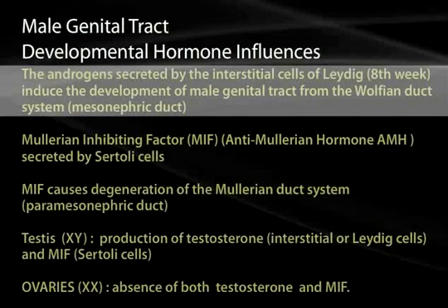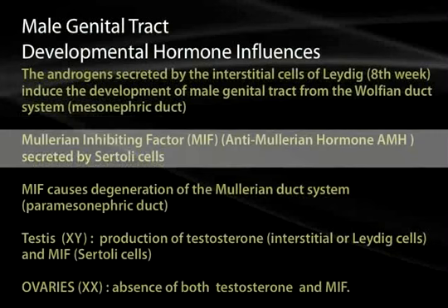In the male genital tract, there's going to be some development that requires hormonal influences. That means that the SRY portion of the Y chromosome is going to be necessary to activate the production of androgens. And to do that, they start producing a special set of cells called the interstitial cells of Leydig. And around the 8th week, they're going to start to influence the production of the Wolffian duct system and take it over.